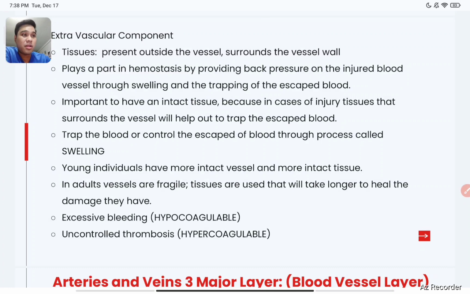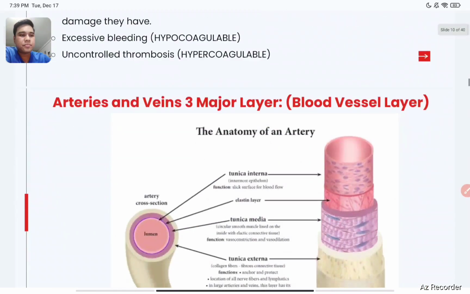But if you are matanda na, you have a poorer surrounding tissue dahil nga sa loss of collagen, loss of connective tissues around the area. Therefore, you are more prone to bleeding or lower yung kakayahan mo para makapag-heal.